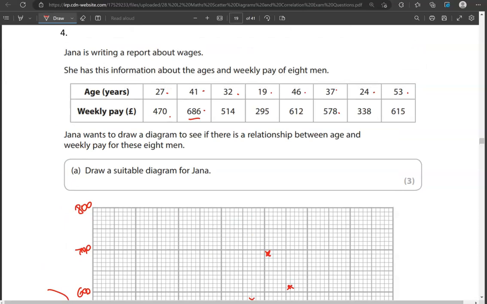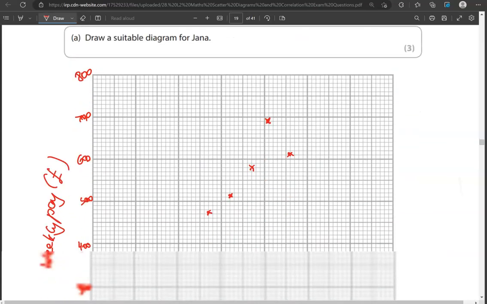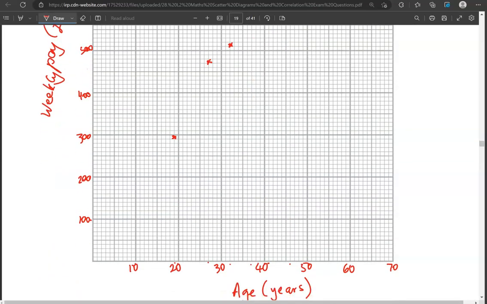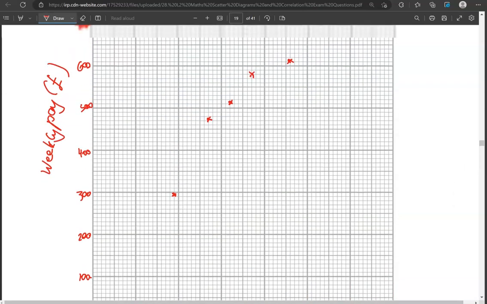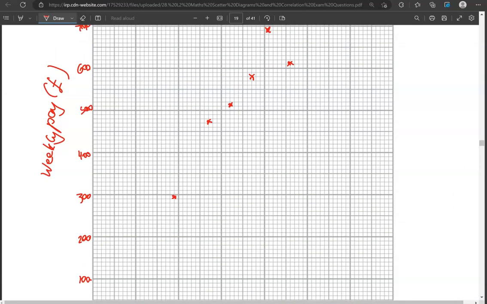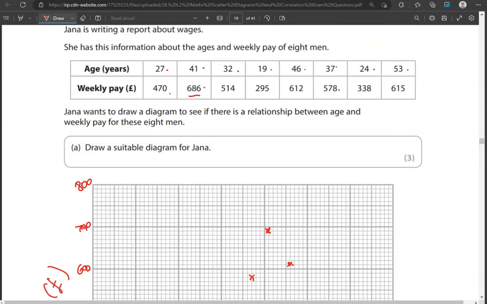Age 24, pay 338. Age 53, pay 615. So 620 roughly.